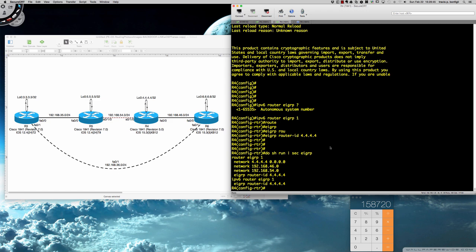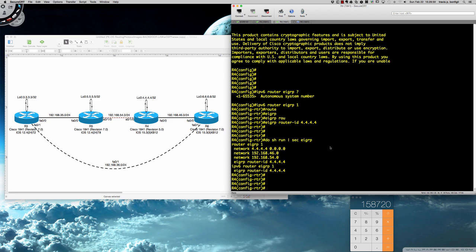But with the 12.4 code, be aware that chances are your IPv6 router EIGRP config is going to be shut down automatically, right? So we don't have to worry about that here. Let's jump into our interfaces.